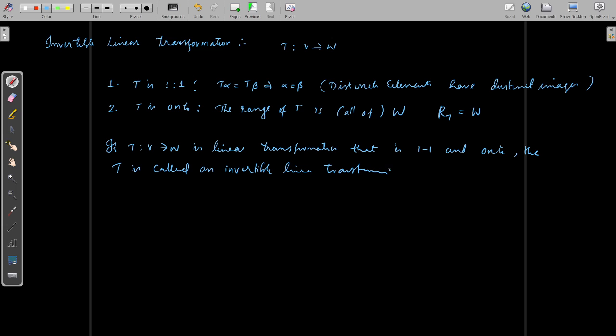This is the definition. In this case, you can define an inverse map from W to V as well.